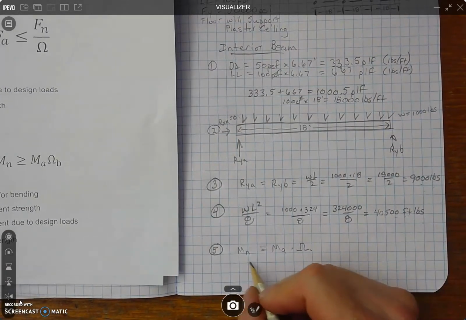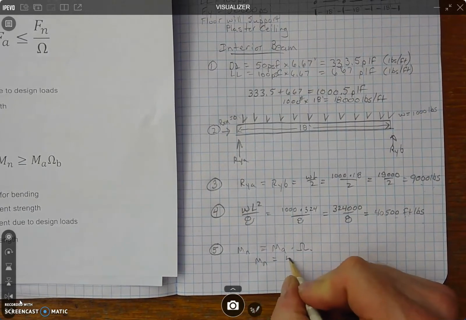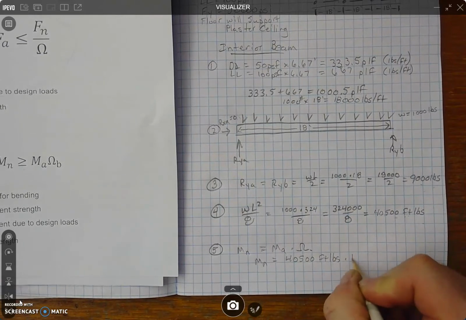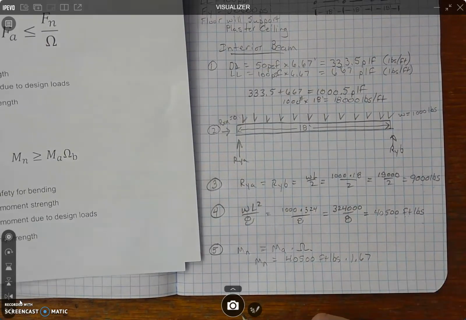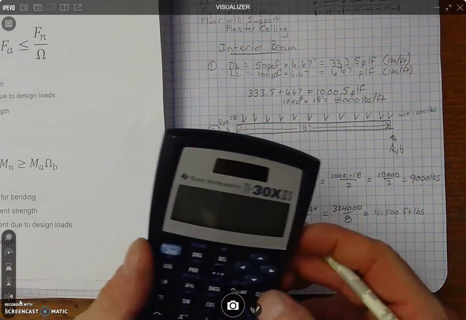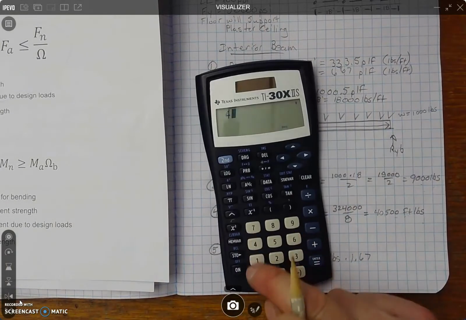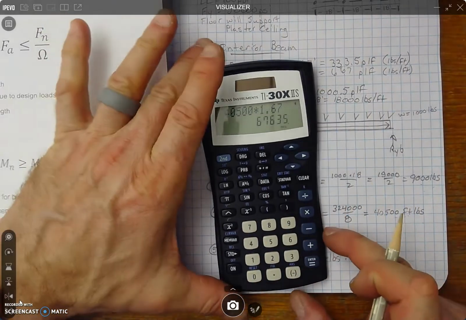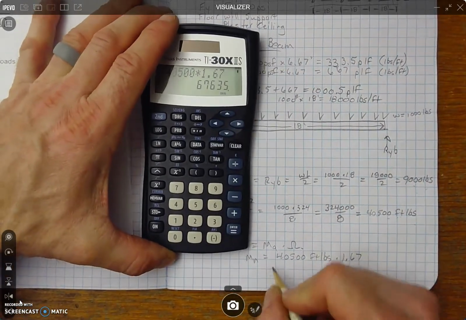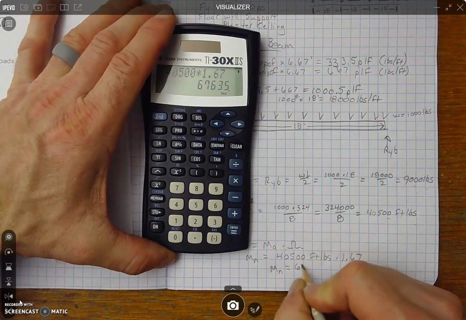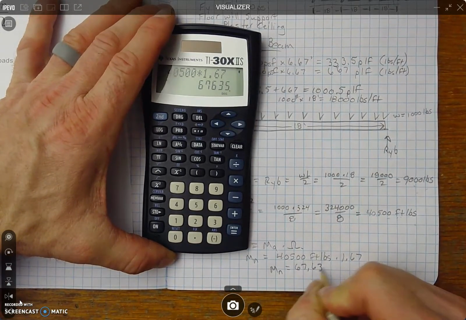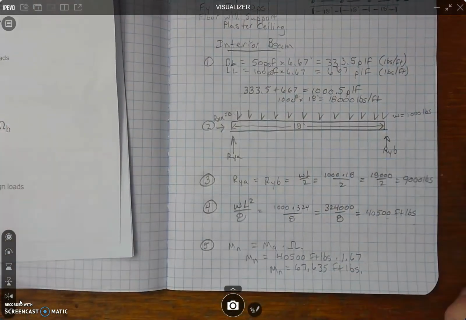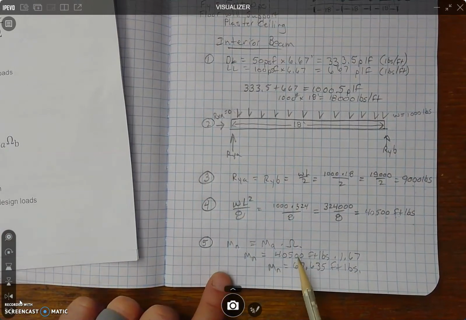So Mn equals 40,500 foot-pounds times 1.67. Okay, so I'm going to go ahead and do this: 40,500 times 1.67, and I get 67,000. So Mn equals 67,635 foot-pounds.